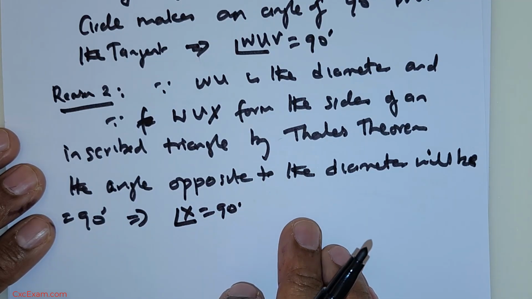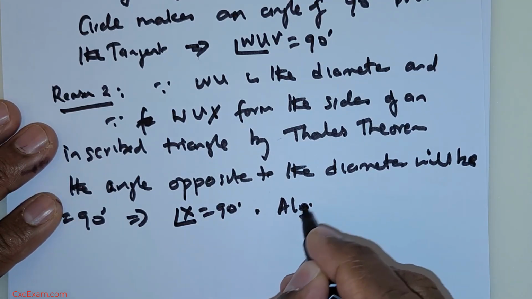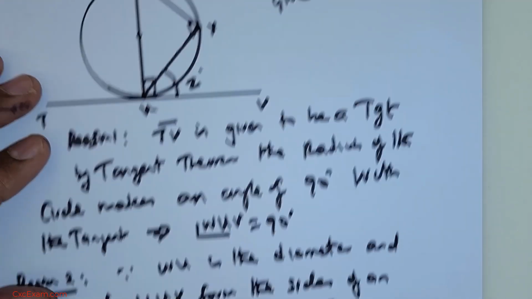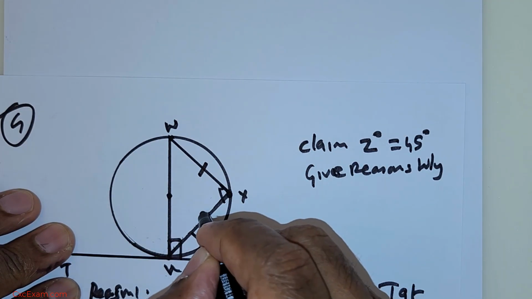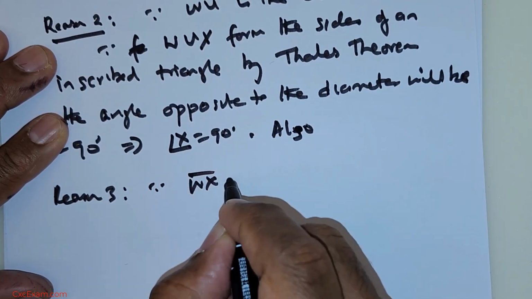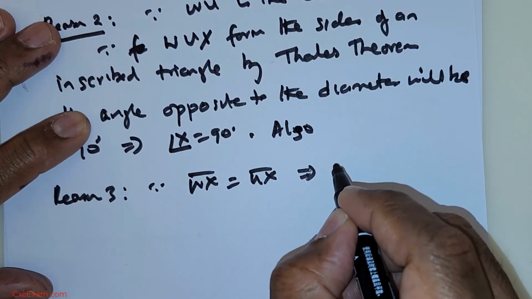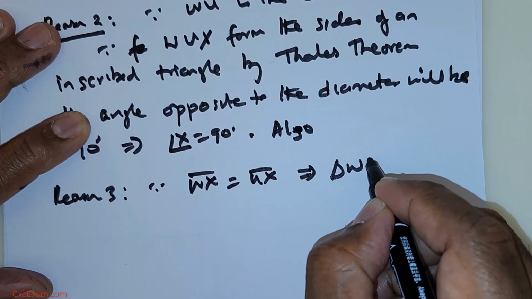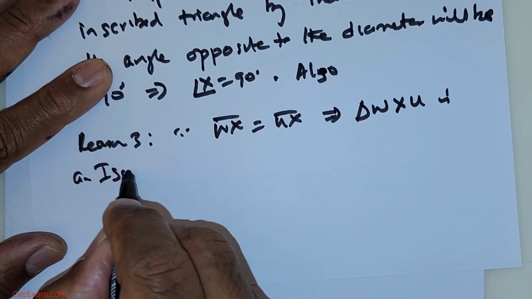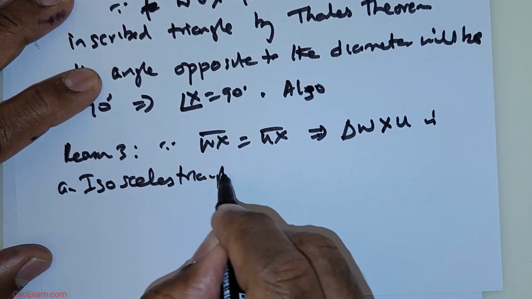Okay, fair enough. Now also, this is reason number 3. What is reason number 3? This side is the same as this side. Also, since WX is equal to UX, this means triangle WXU is an isosceles triangle.